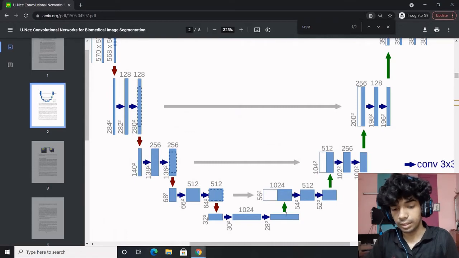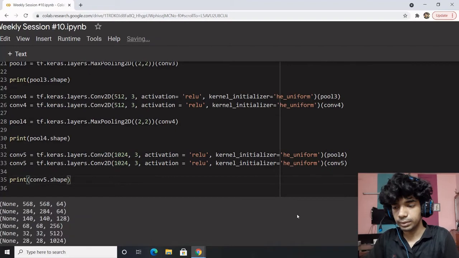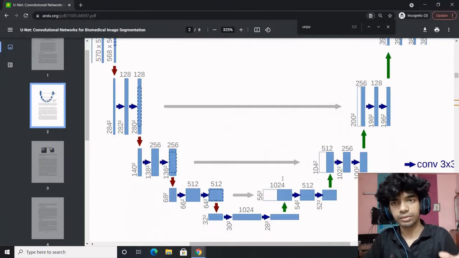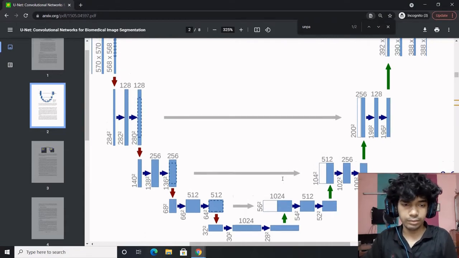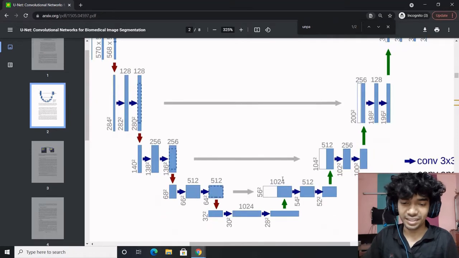We are till here and it should be 28, 28, 1024. This is the straightforward simple method. Now comes the complexity. 28, 28, 1024, we are done with the first half. Now the other half is where the real action comes into the picture, right?